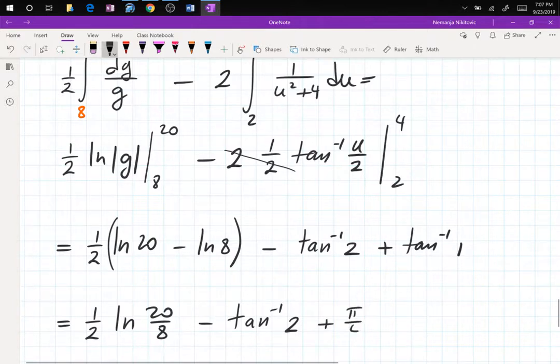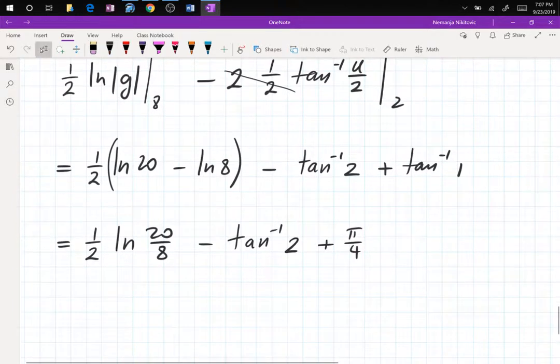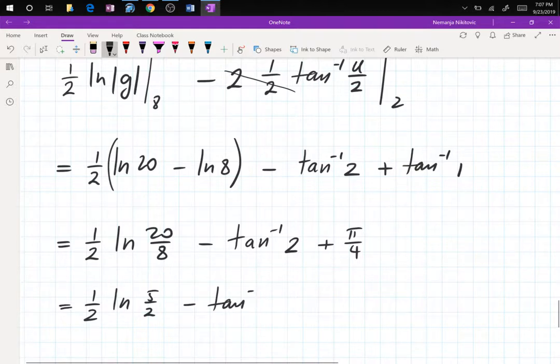Very good. So now, 20 and 8 divide by 4, you get 5/2 there. So 1/2 ln 5/2 minus tangent inverse of 2 plus pi over 4.